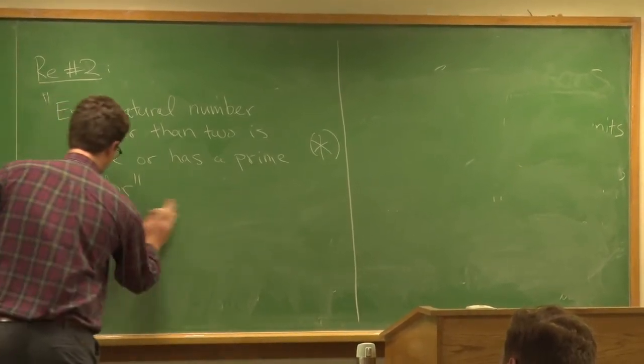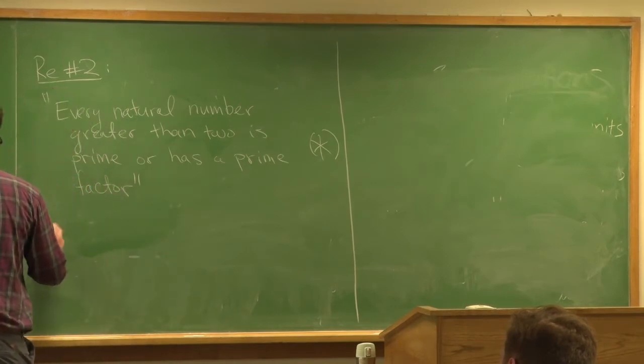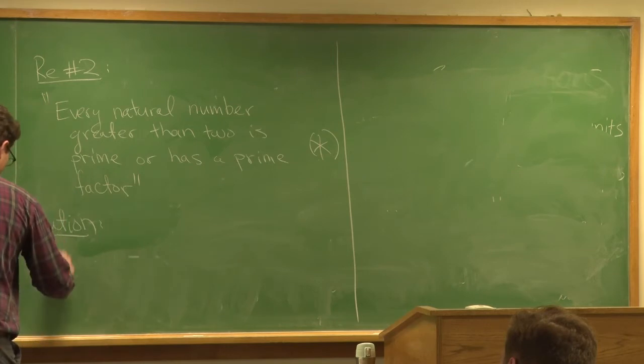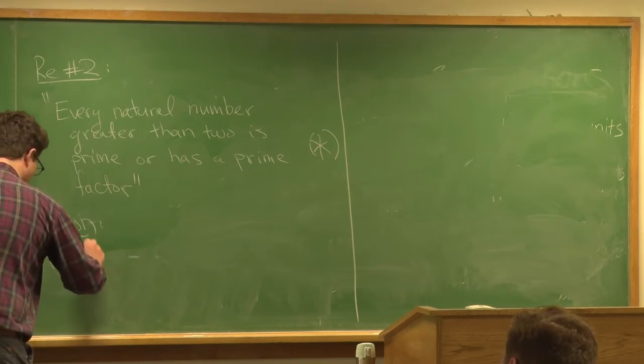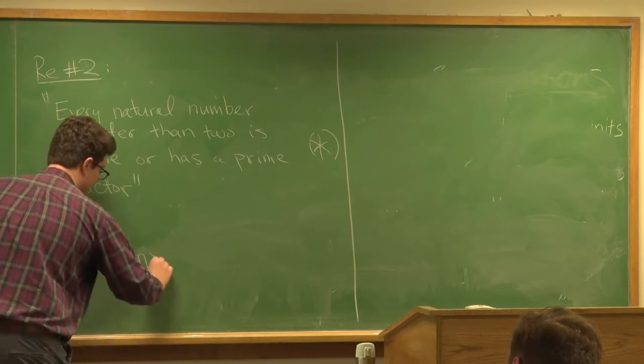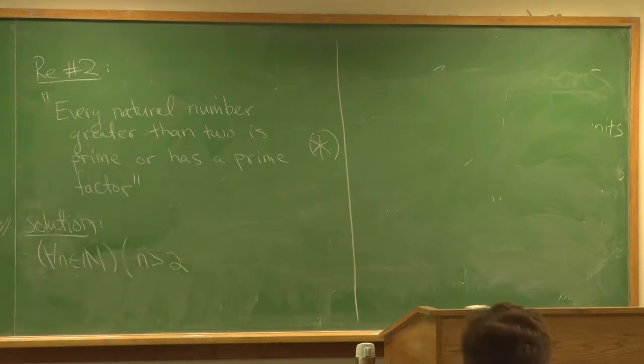The solution here is as follows. It says for all natural numbers, if the natural number is greater than 2, it's an if-then statement. So you could really say that for every natural number, if the natural number is greater than 2, then it's prime or has a prime factor.